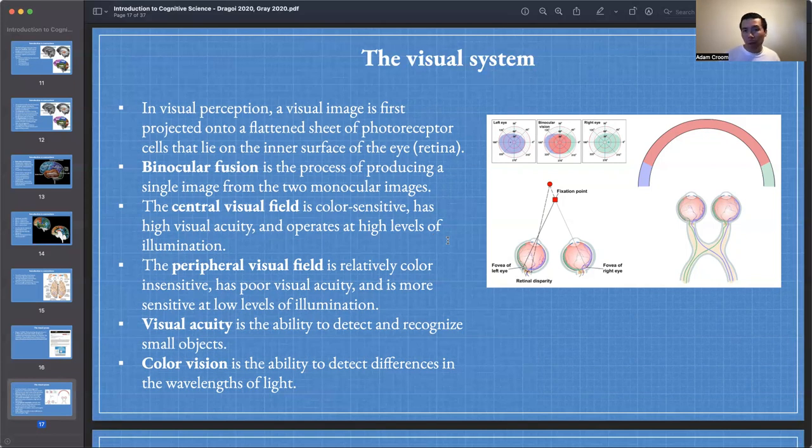So one is great for daytime seeing, and another is great for nighttime. Visual acuity just refers to the ability to detect and recognize small objects. And color vision is the ability to detect differences in the wavelengths of light.